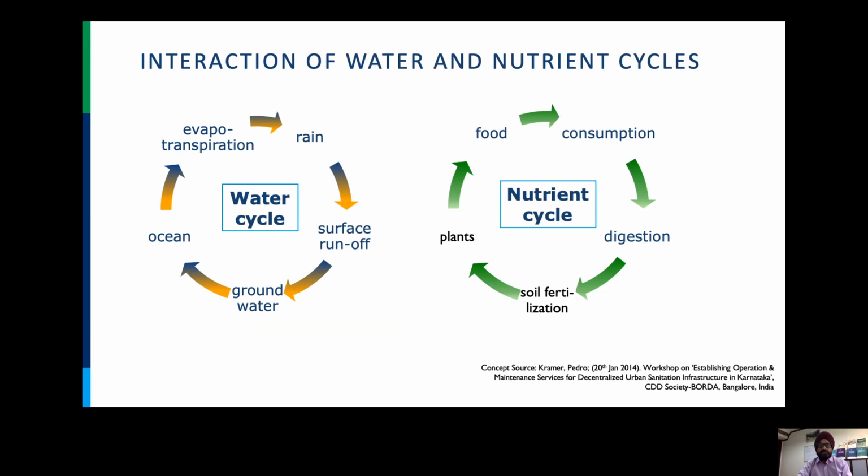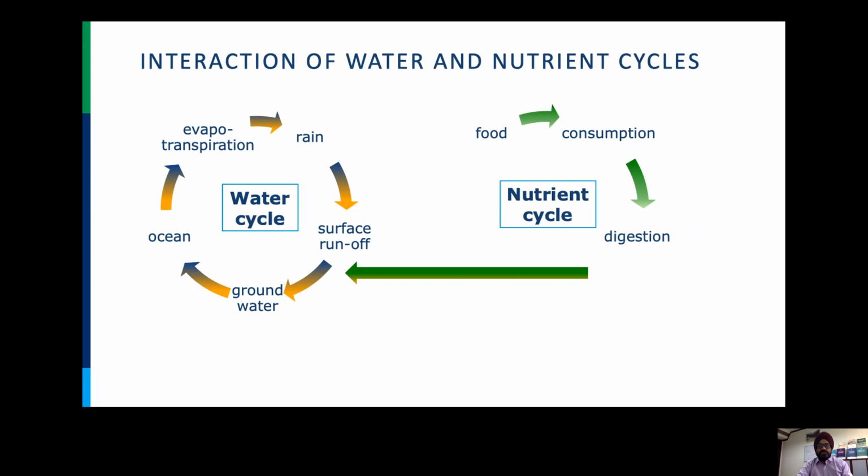But what has happened in the last century or so with the increase of human population, both these cycles have got merged or mixed up. So what has happened is that digestion is happening, but it is being mixed with the groundwater or the surface water.